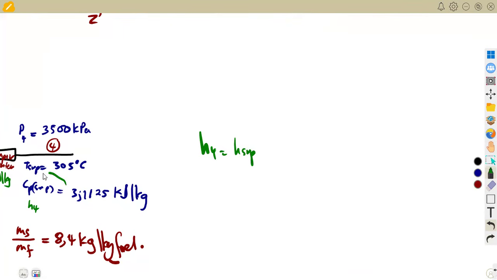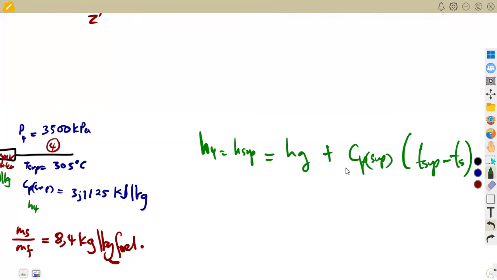But the moment you are given the specific heat capacity of the superheated steam, then they're expecting you to calculate it from Hg plus Cp for the superheated steam, because we are given it, times T sup minus Ts. That is what they are expecting from you.